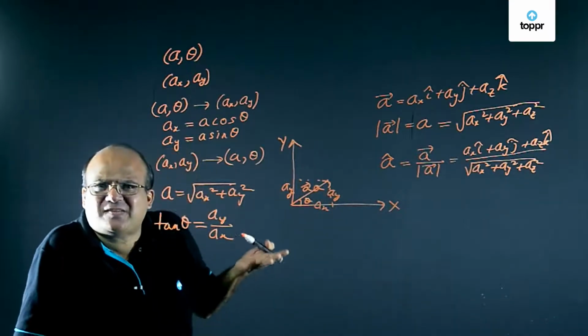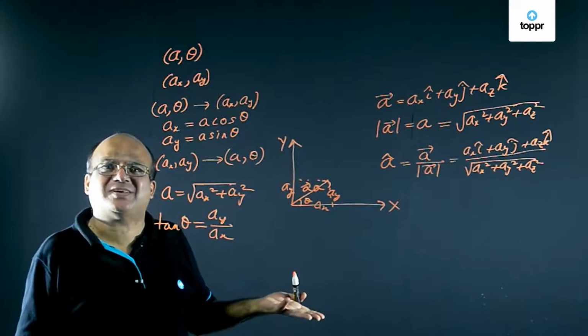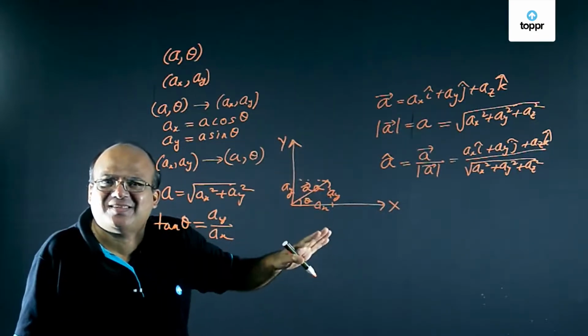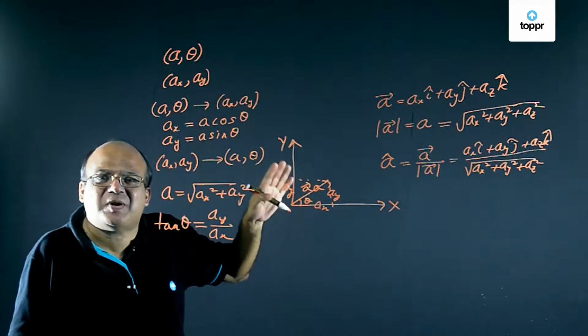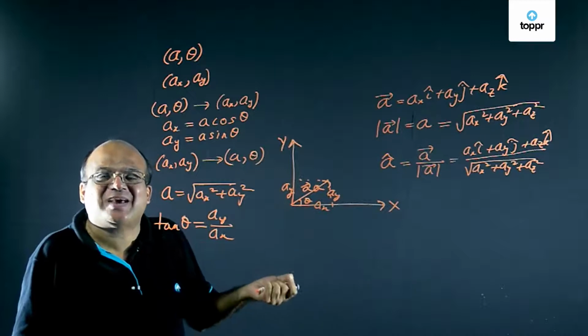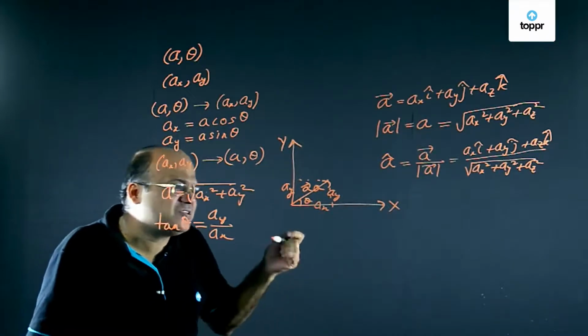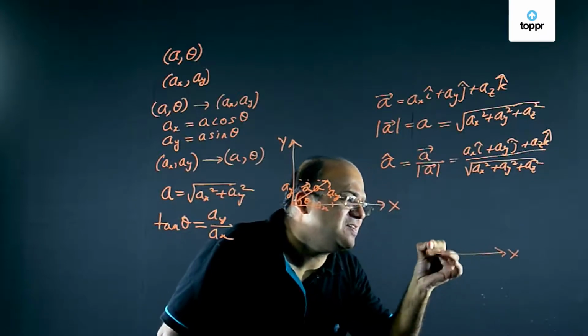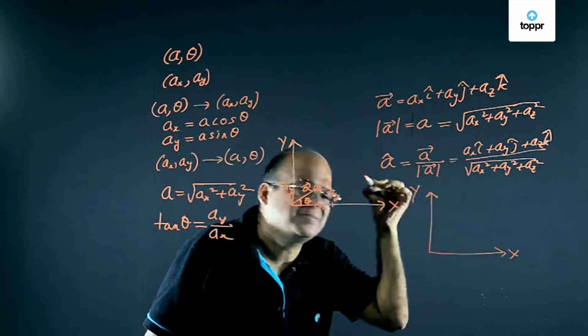Can you tell me why these coordinate axes are perpendicular to each other? Why is the x-axis perpendicular to y-axis and z-axis? Why is y-axis perpendicular to x and z? And z perpendicular to x and y? Let's try to understand this. This is x-axis. This is y-axis. Right?